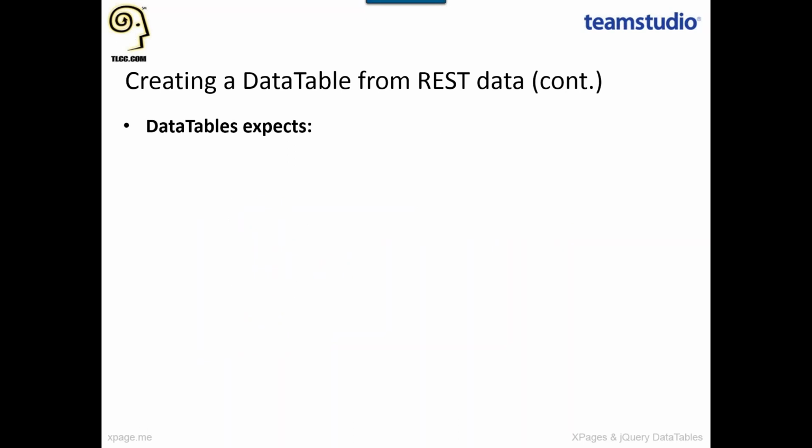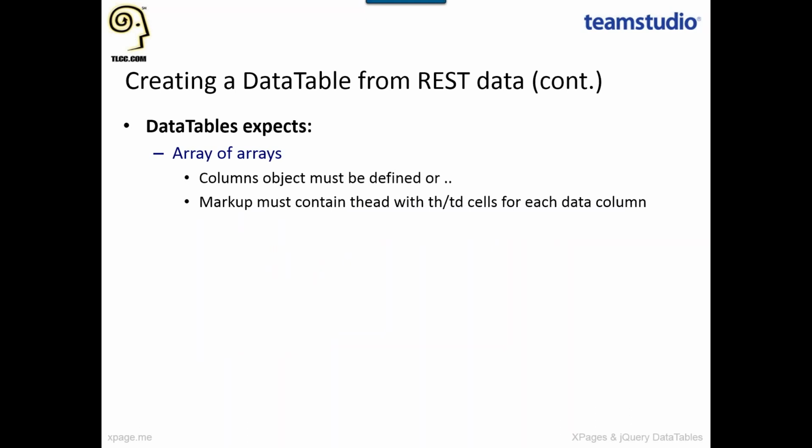So if you are sending REST data to DataTables, what is it expecting? Well, it's expecting either an array of arrays. Again, pay special attention to the columns object, because if you're going to load data via REST, you're going to have to get to know the columns object very well.